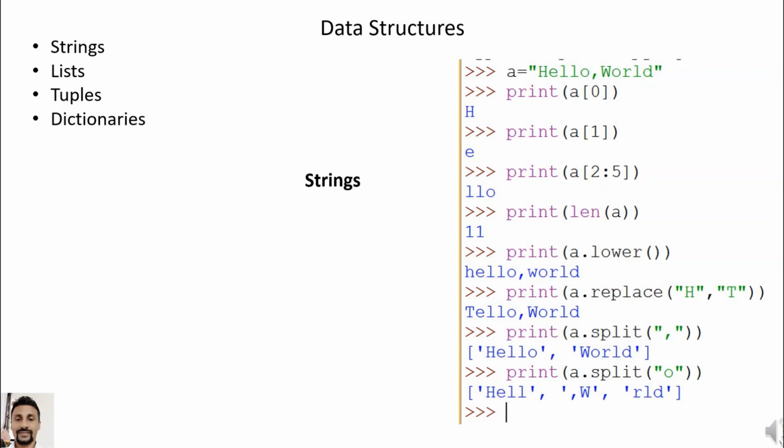Look at the second one, print a[1], that means E will be displayed. So you have to remember indexing is starting from 0 and giving numbers. If I try to print a[2:5], that means you have to start from 2 and go up to 5. Actually, in this case, it's not going up to 5. It is going up to 4 only.